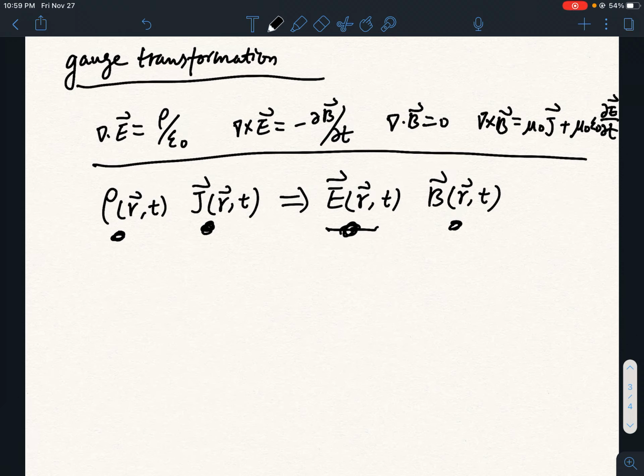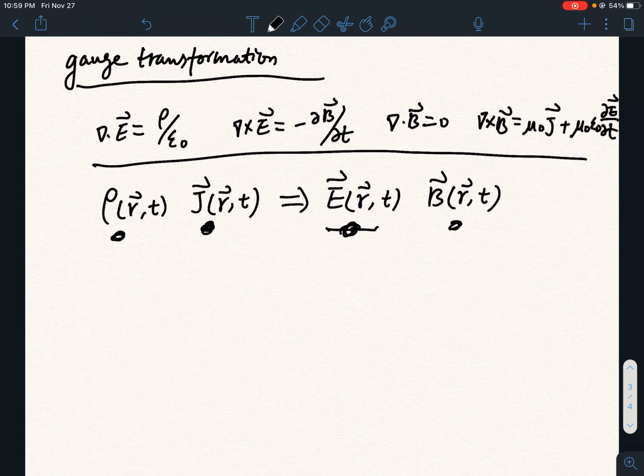But the problem is, for the time-dependent ones, we cannot just use Coulomb's law and Biot-Savart's law. We need to solve the whole set of equations, which are often very difficult to solve, so we want to simplify.